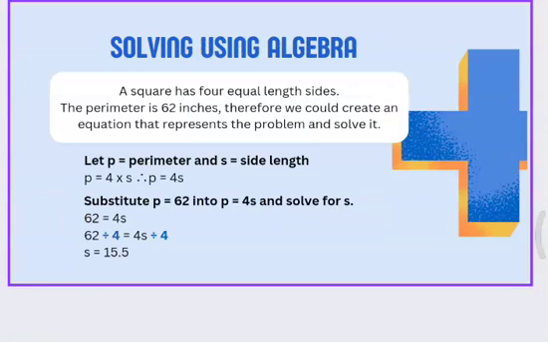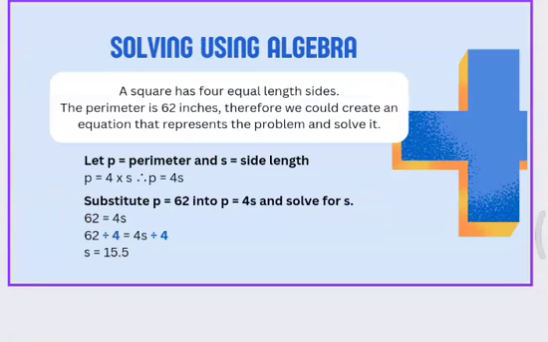Now we want to represent the perimeter of the square with P and the side length with S. So perimeter equals 4S. Perimeter equals 4S.